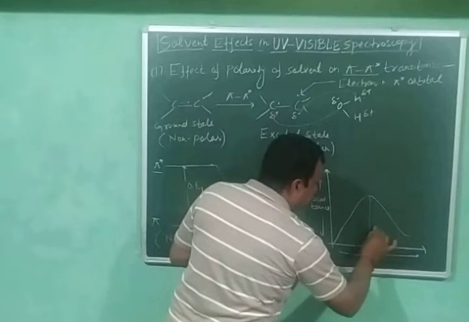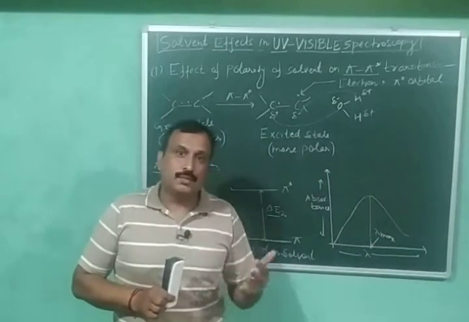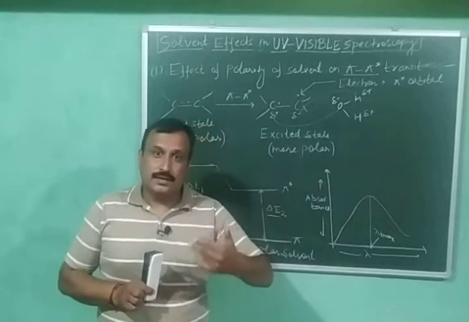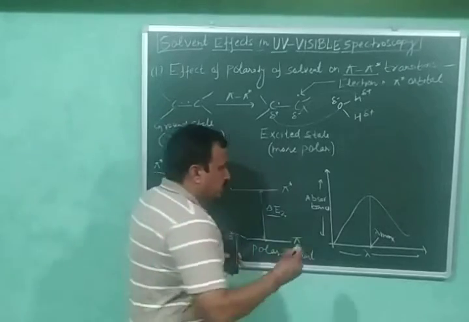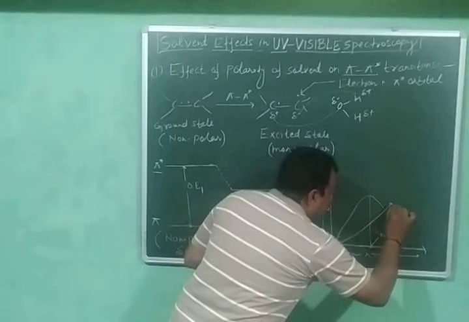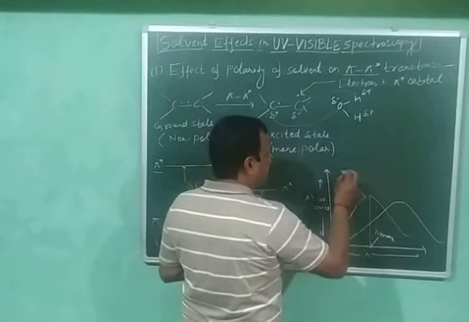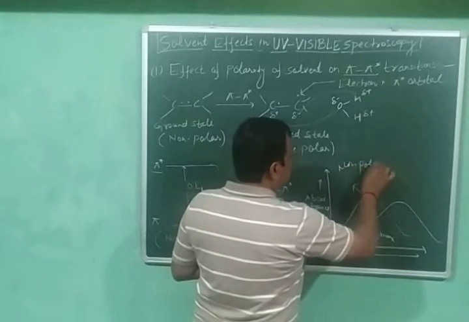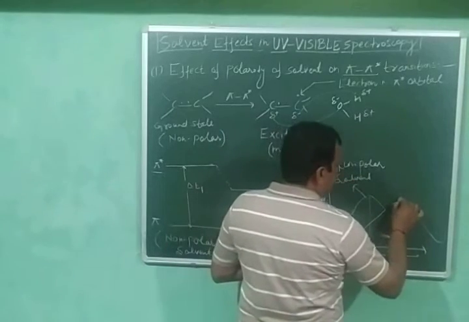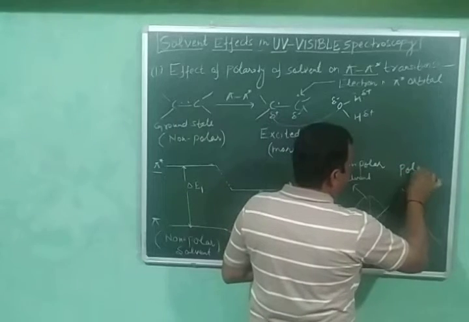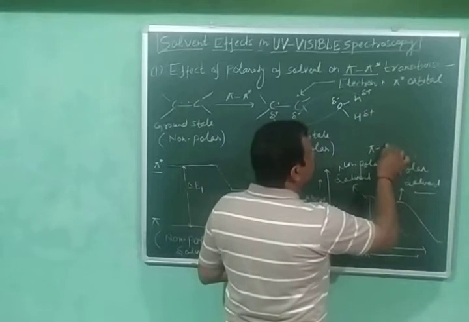And if I dissolve my sample in a polar solvent, then the lambda maximum will be shifted towards a longer value. Then we will have this type of spectrum, and this is the spectrum in non-polar solvent, and this is the spectrum in polar solvent, and I am talking about pi to pi star transition.